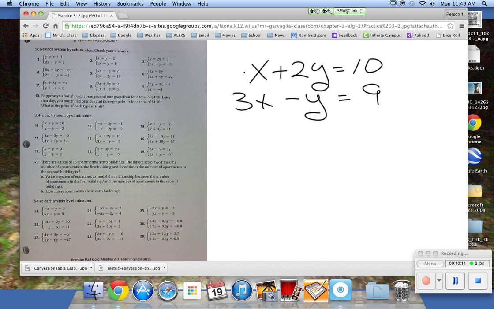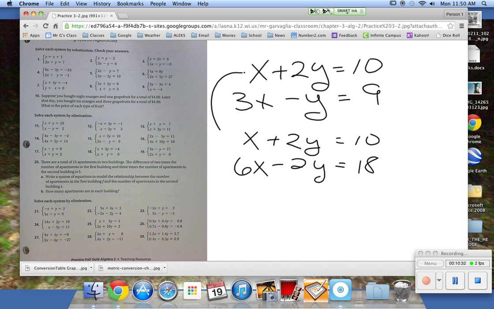So what I'm going to do here is multiply this bottom one by 2, just because I love to add. So I'm going to write down my top one again. And I multiply the bottom one by 2. 6x minus 2y equals 18. So if you notice, all I did is recopy this one down, and then I multiplied this bottom one right here by 2.